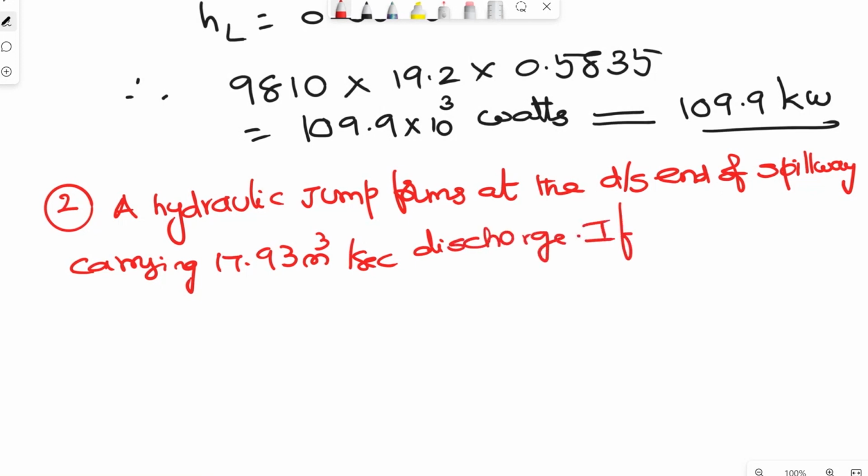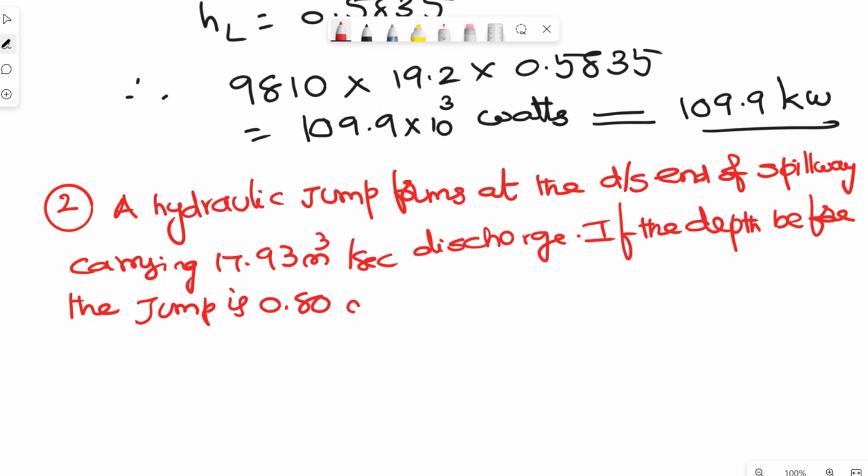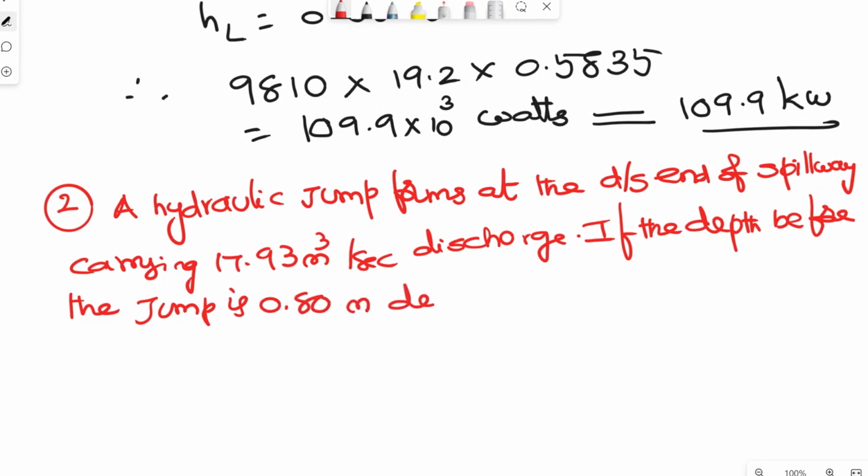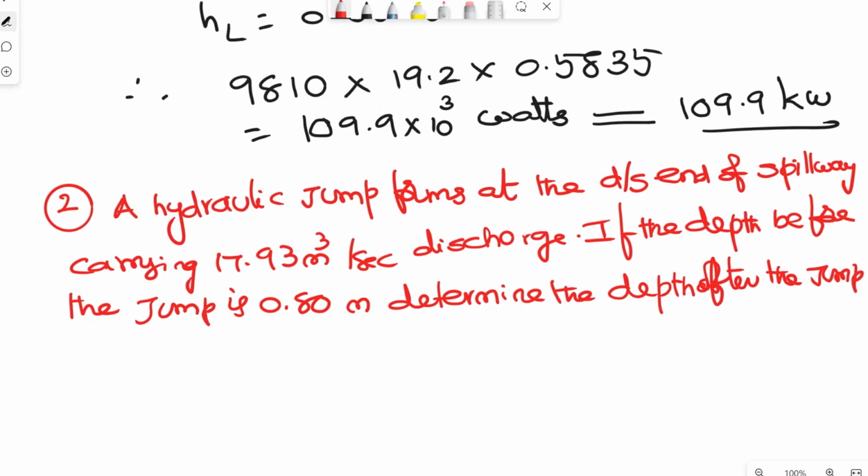If the depth before the jump is 0.80 meters, determine the depth after the jump and the energy loss. Terminology, please remember: before the jump.